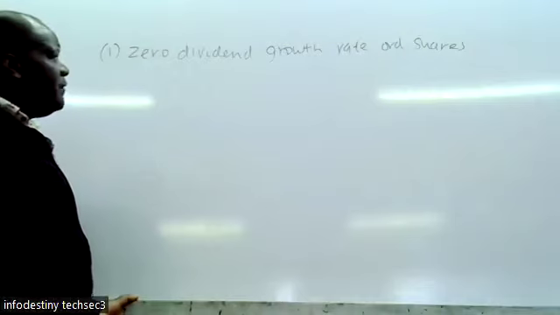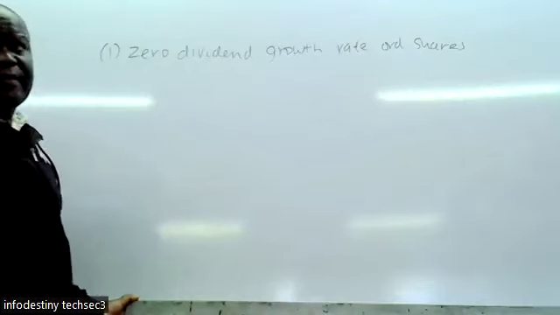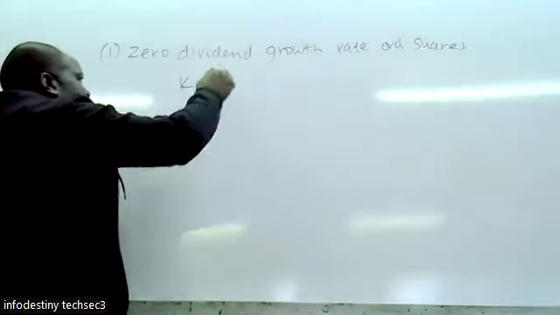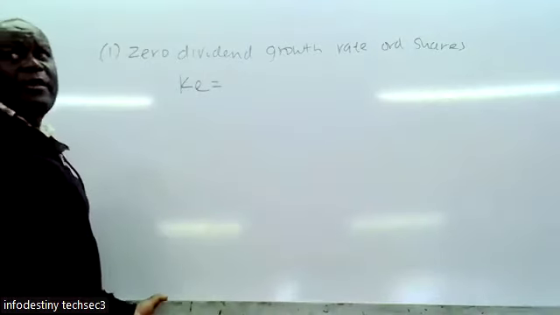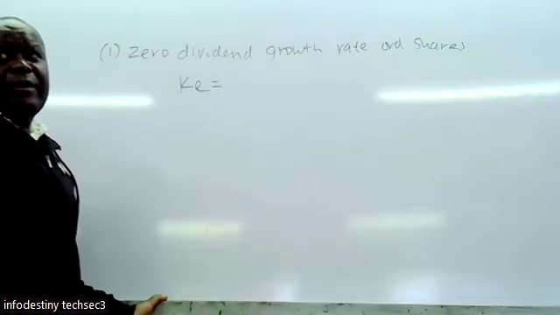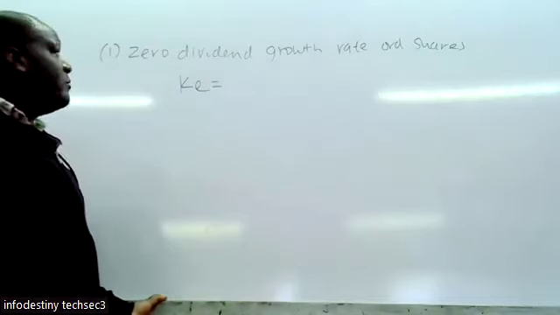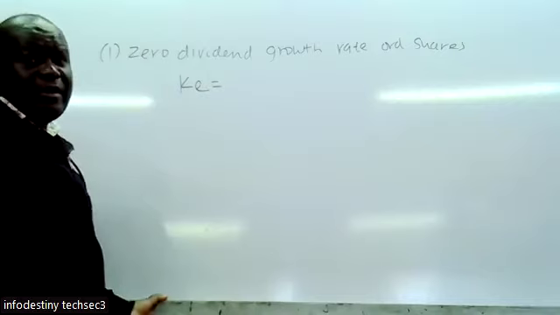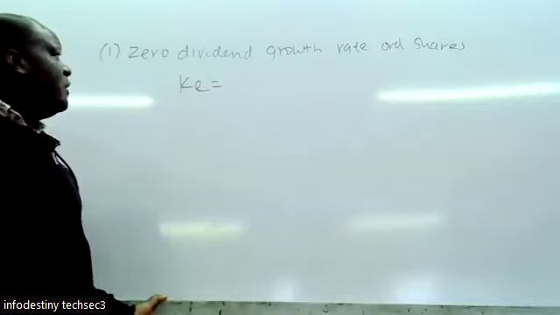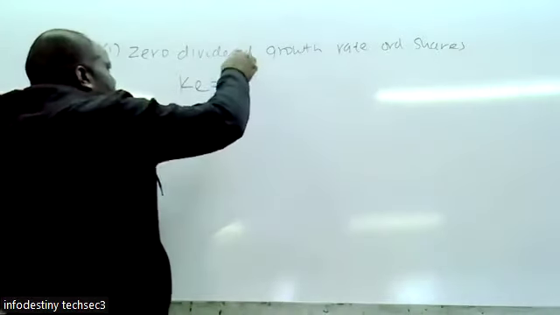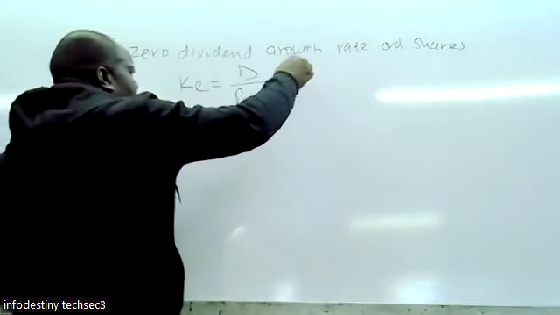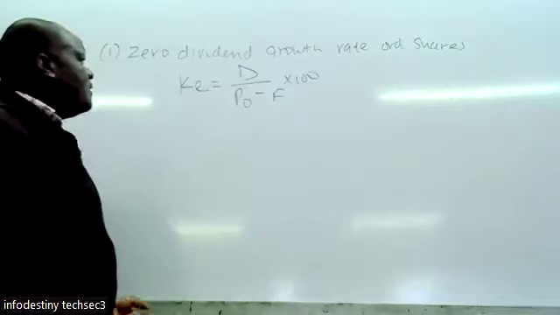So for zero dividend growth rate ordinary shares, we calculate KE, which is now the cost of the ordinary share. What we did before was the value. Now we are on the cost, so we simply make KE the subject. KE will be given by D divided by P0 minus F, expressed as a percentage.